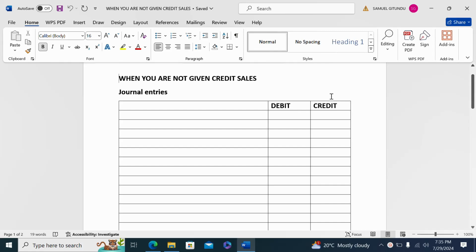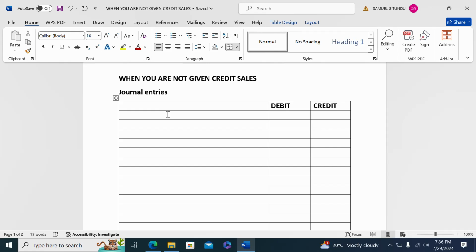From your lesson on recording transactions, you know very well that the journal entry is the first cycle of the accounting. You usually start with the journal entries, then we go to recording the transaction in a ledger account.